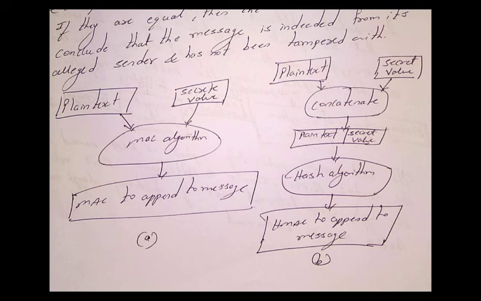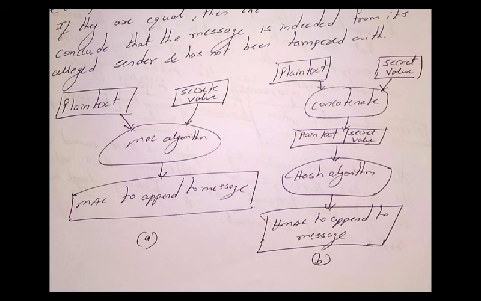If both are the same, is it clear? Then he is confirmed of both the authenticity and the integrity of the message. It is just like the checksum algorithm you have seen, where the sender and receiver both use it. Similarly here we are using this method, which is also called a cryptographic checksum.